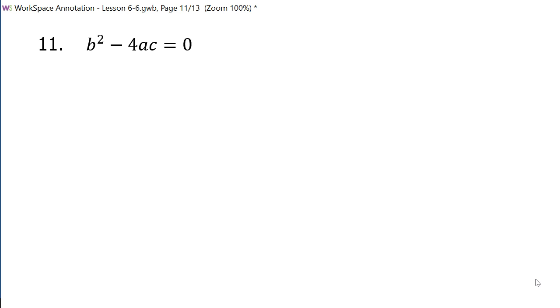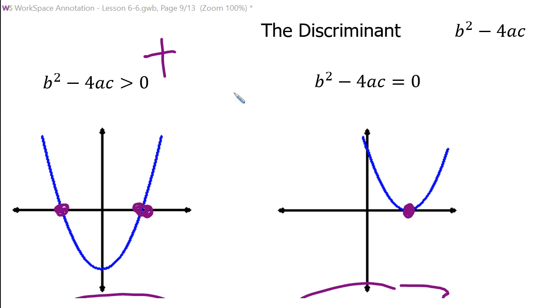And then number 11, we have b squared minus 4ac equals 0. And if I go back to my pictures, if your discriminant equals 0, what does that tell us? 1 real zero.